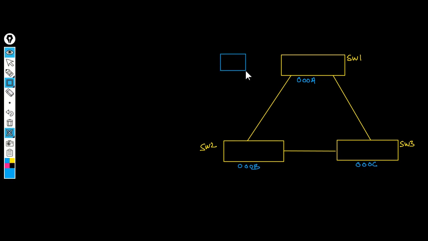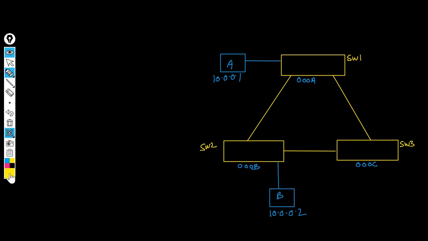Let's say here is one PC, and here also we have one PC, and the connectivity is like this. This is your PC A and PC B. Take an example. This is my IP address of 10.0.0.1, and 10.0.0.2.